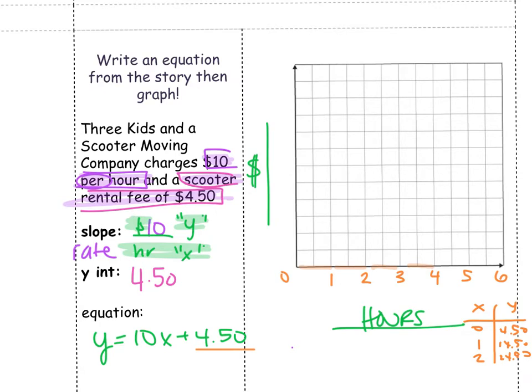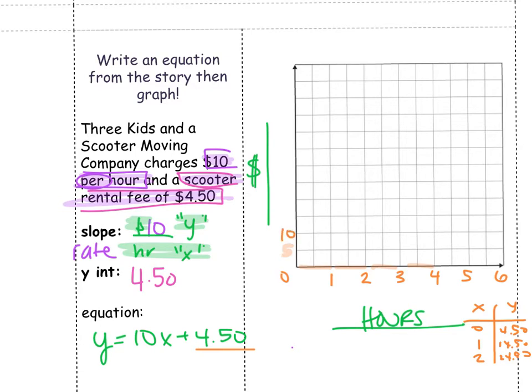Up the side, my y's are growing quite fast, but I still need to make my scale consistent. So maybe I count by 5. So if this is 5, 10, I'm not going to write every number though, because it's going to get really crowded. So I'm going to say each line is 5, but only write every 10.